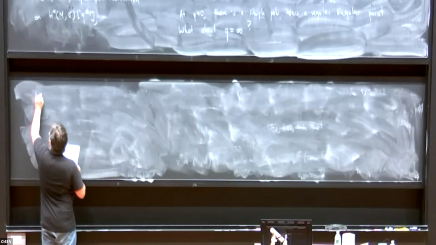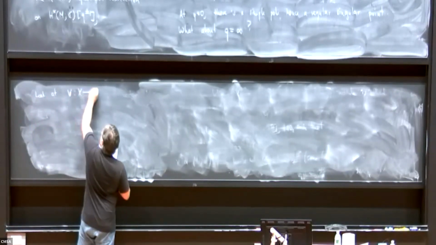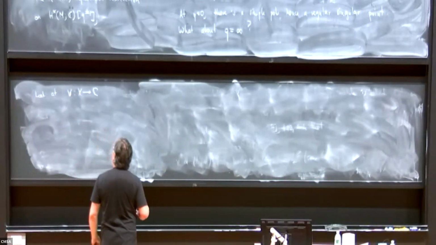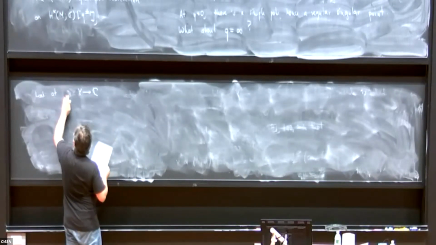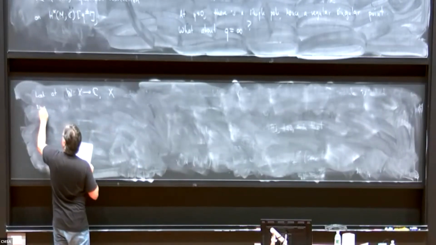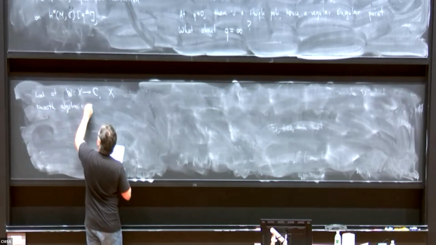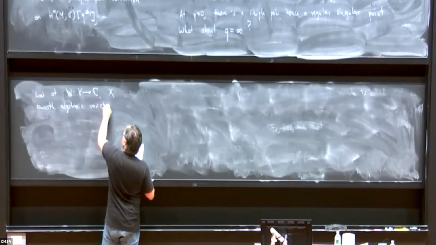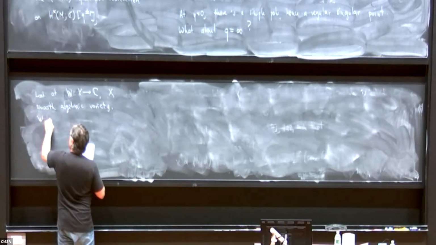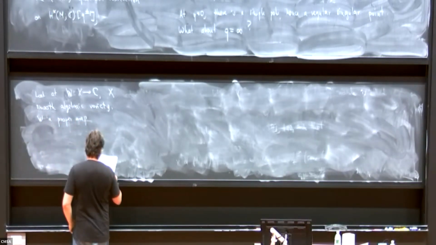So look at the Landau-Ginzburg theory of superpotential, and so X is a smooth affine variety, and W a proper map. Okay.